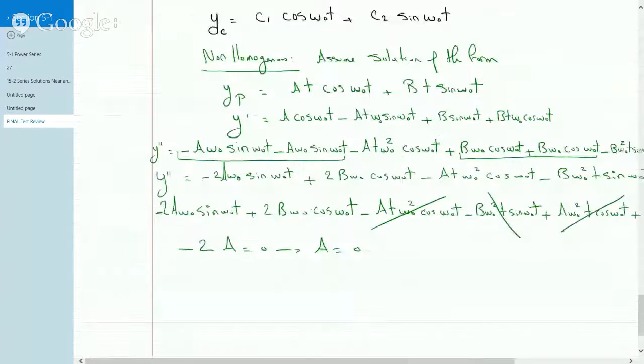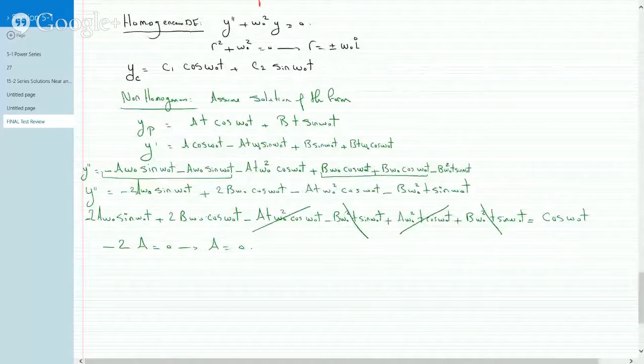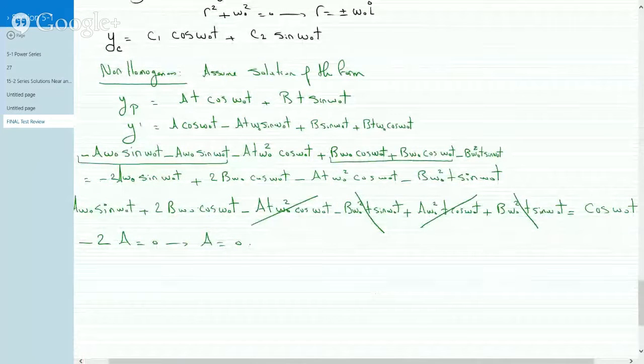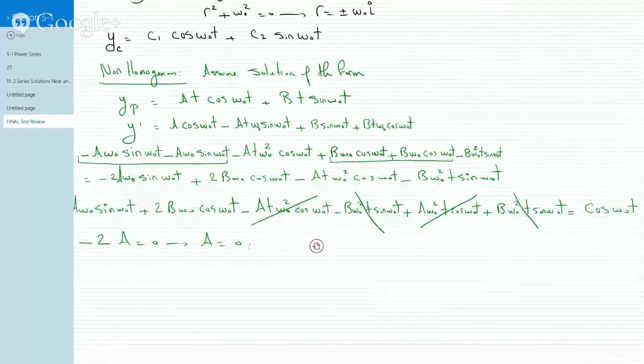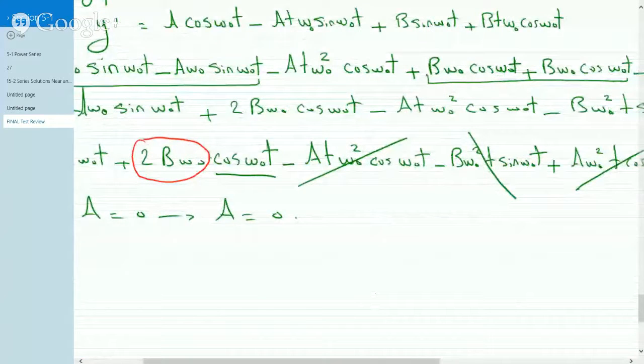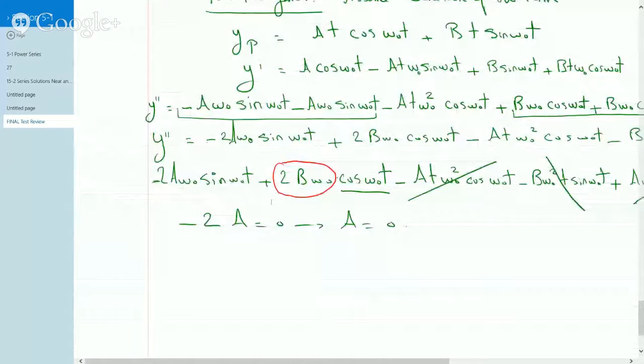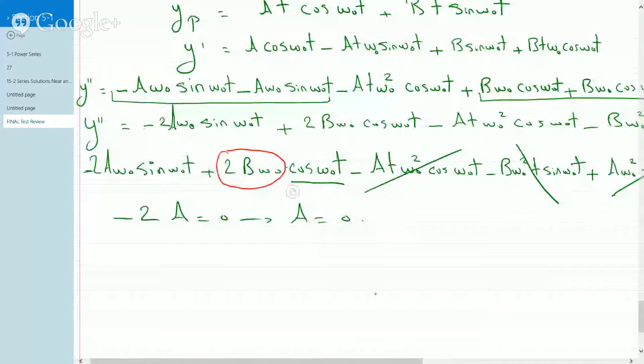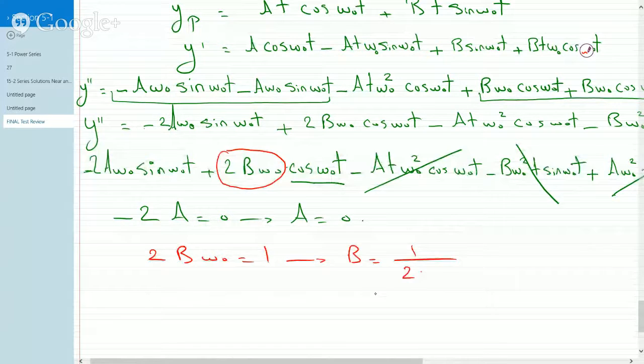Now, if we zoom back down, 2b on the other hand has to equal 1. 2b omega 0 has to equal 1 because this and this are the same, and the coefficient of this is right here. So now we can say, okay, great, 2b omega 0 equals 1, which makes b equals 1 over 2 omega 0.